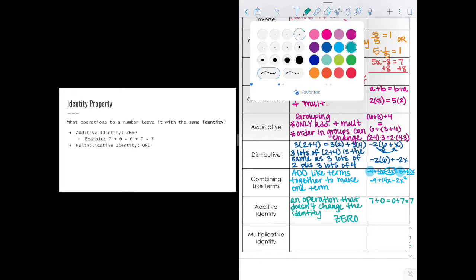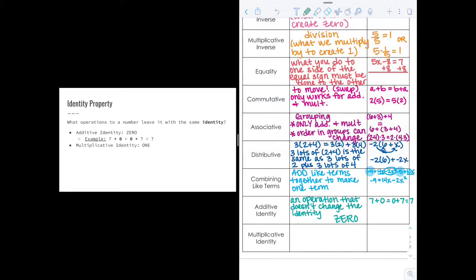Okay, so then there's also a multiplicative identity. There's an operation that we can use with multiplication that doesn't change its value, but it's a different operation. Okay, so we can copy this definition again.